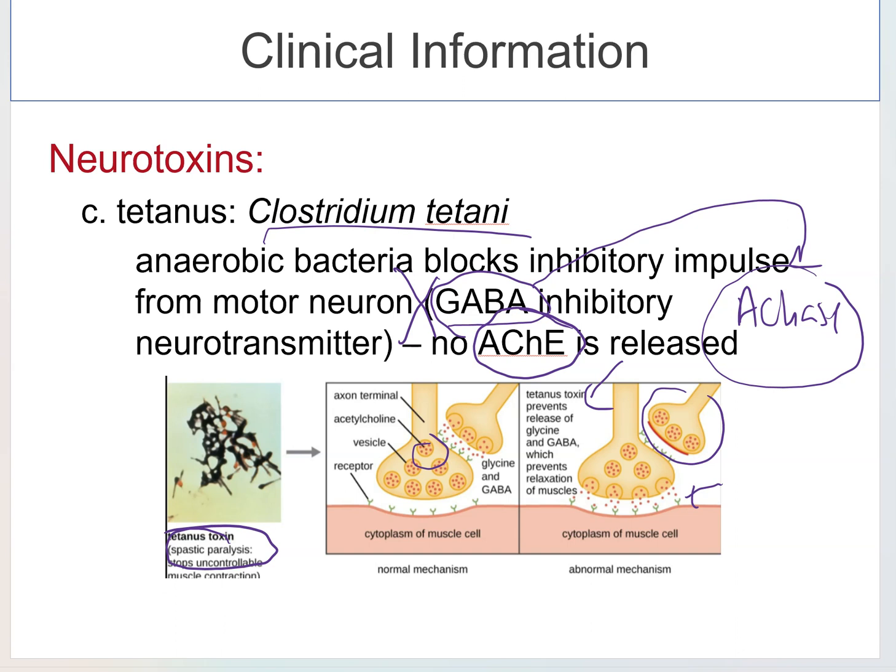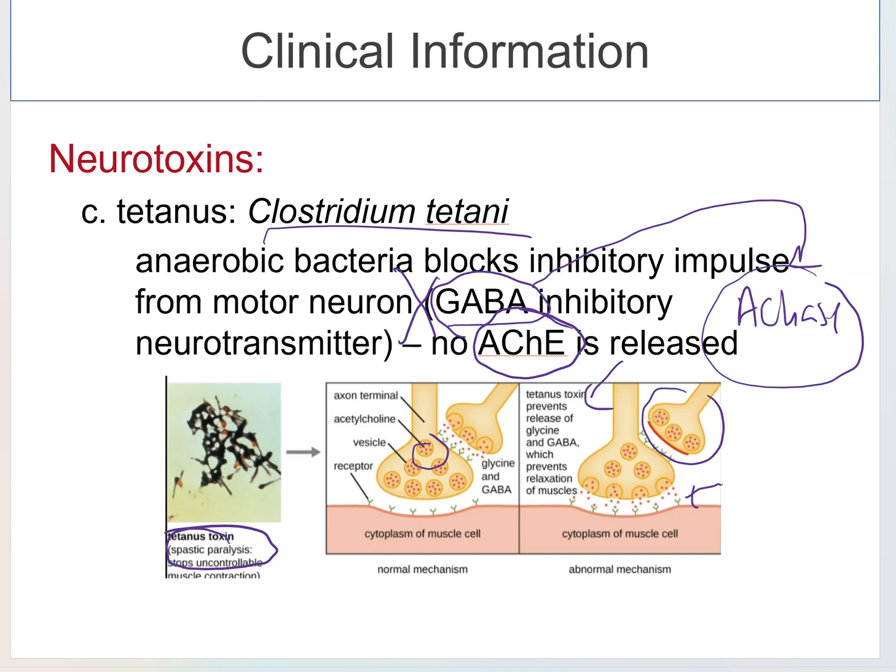And a lot of times they talk about lockjaw, where the masseter muscle in your jaw is clenched, so your teeth are clenched, because it tends to affect the facial muscles first. But again, spastic paralysis is still fatal, because if your diaphragm is contracted and it can't relax, you can't breathe. So again, this is one of the top deadliest toxins, and this is why we get a tetanus shot.